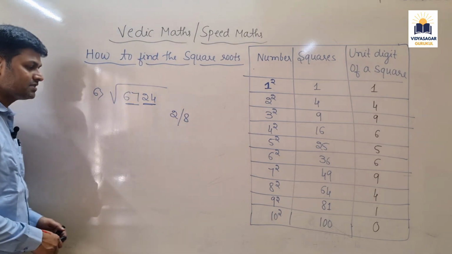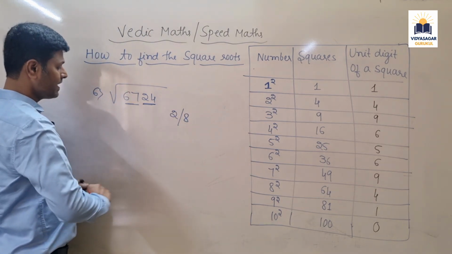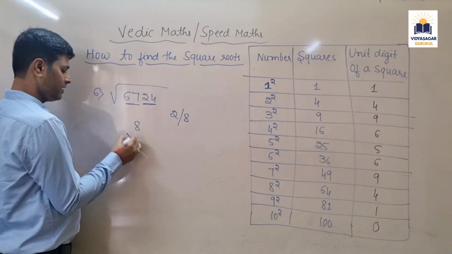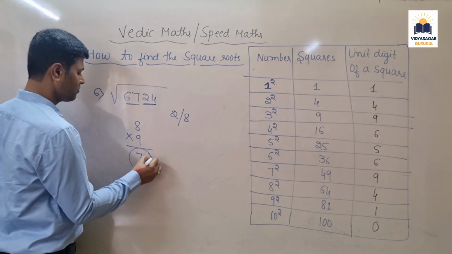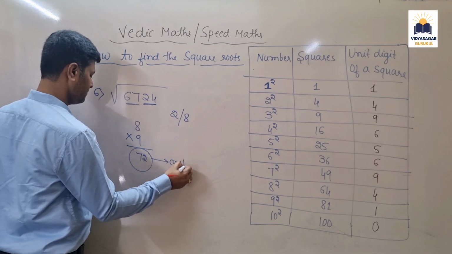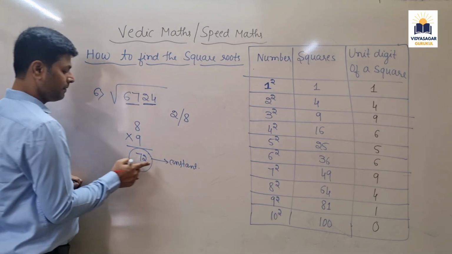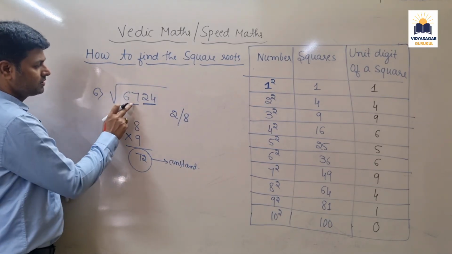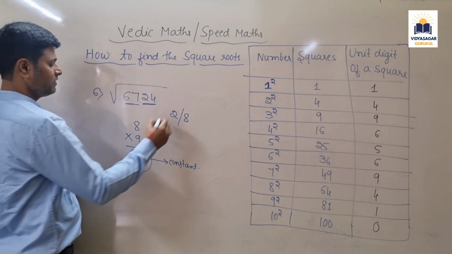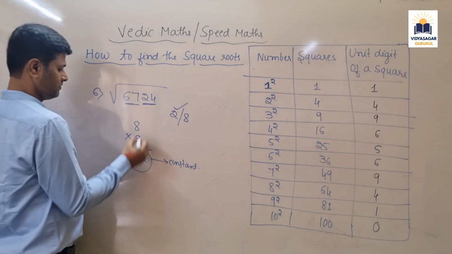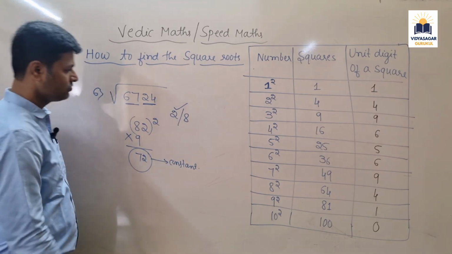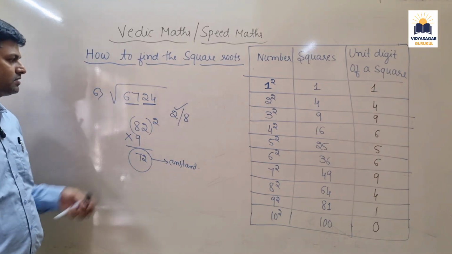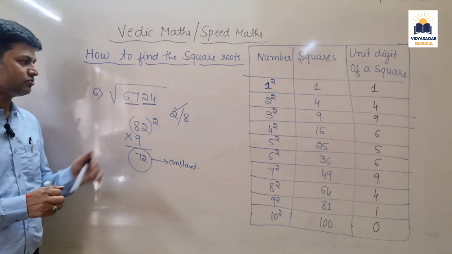So that's why 67 is in between 8 as well as 9. 8 into 9 we will multiply, and this number is always constant. And compared to 72, 67 is less. So that's why you have to choose the lesser number. Square root of 6724 is 82 square.